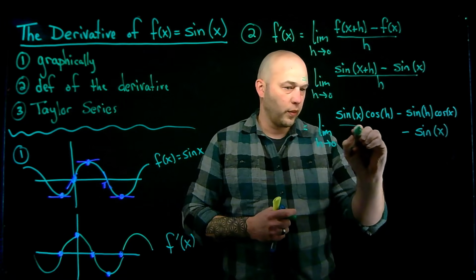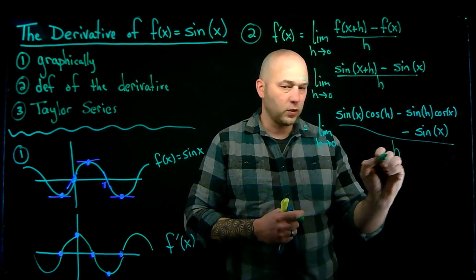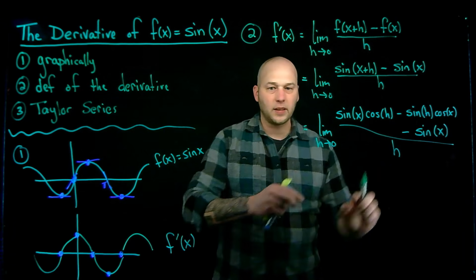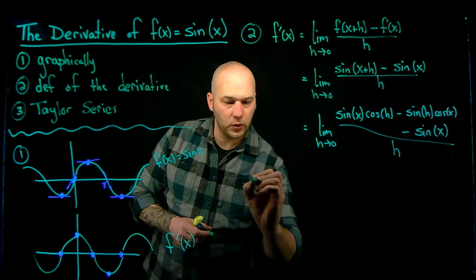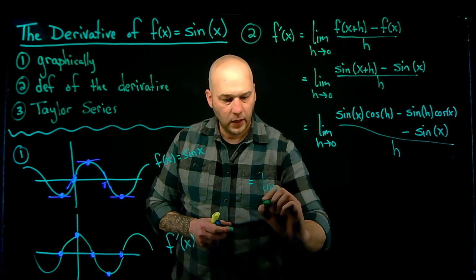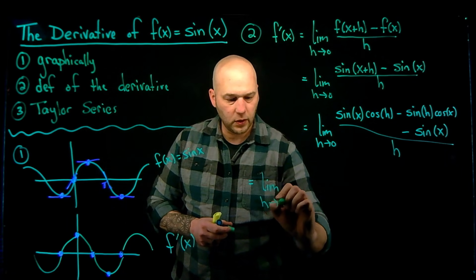And then it's that whole thing over h. So I kind of ran out of room on the screen there, so this all should be on the same line. So down here, let me scooch this over a little bit. So this would be equal to the limit as h approaches 0.